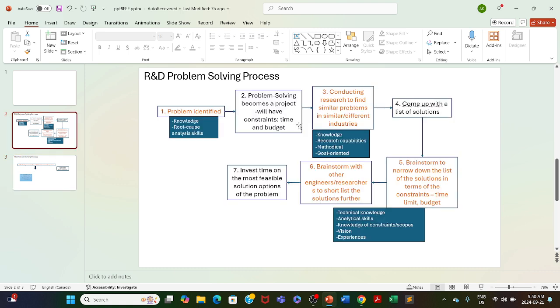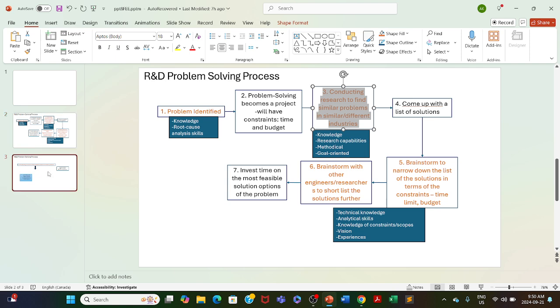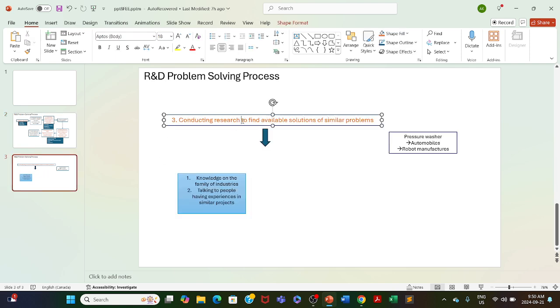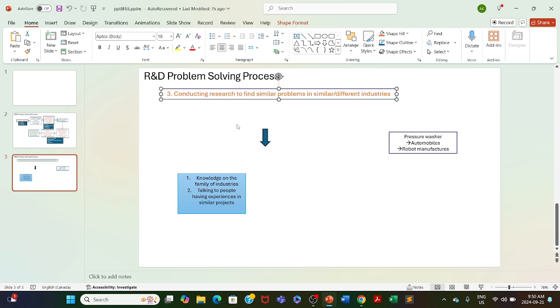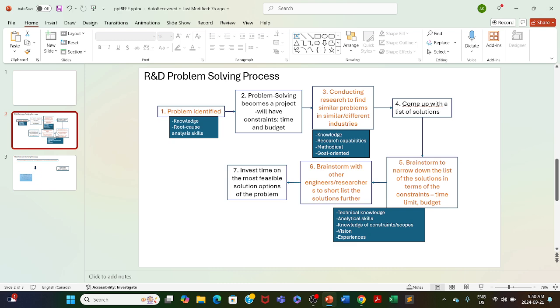So let's just copy this. So we are basically going to be conducting research to find out similar problems in similar or different industries. It's always better that we go with an example, so it becomes more demonstrative of the process.